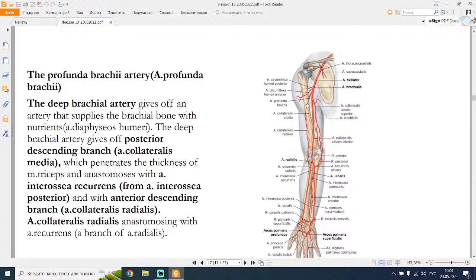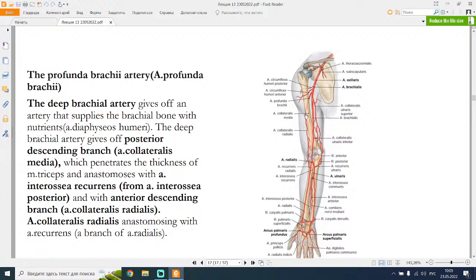Arteria profunda brachii gives off an artery that supplies the humerus with nutrients.